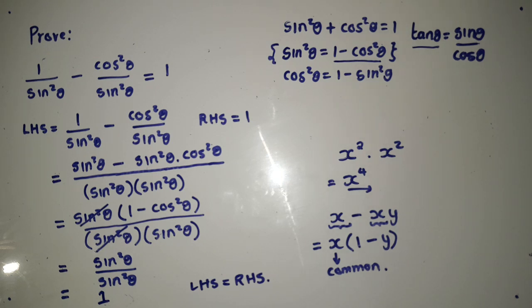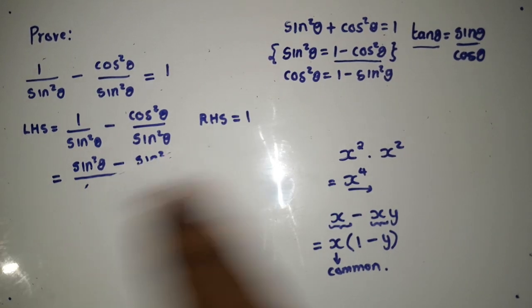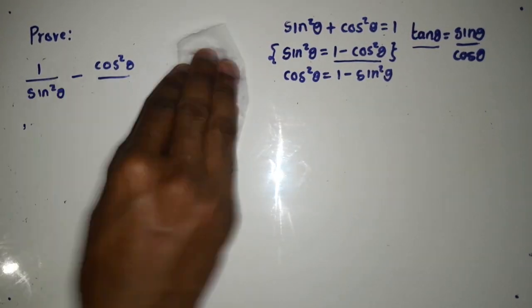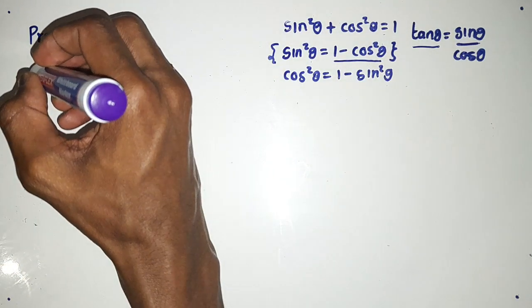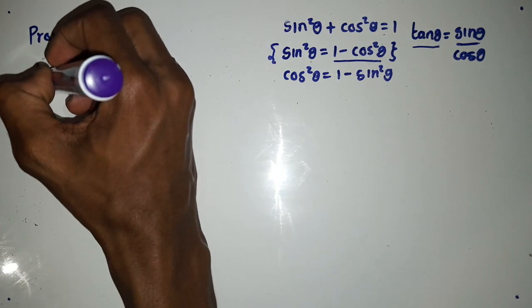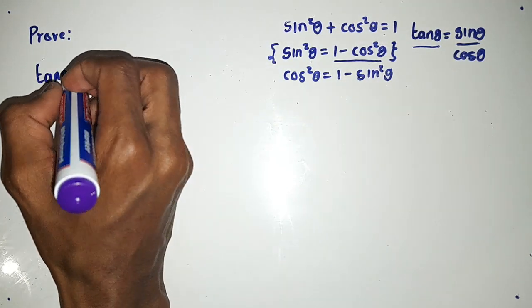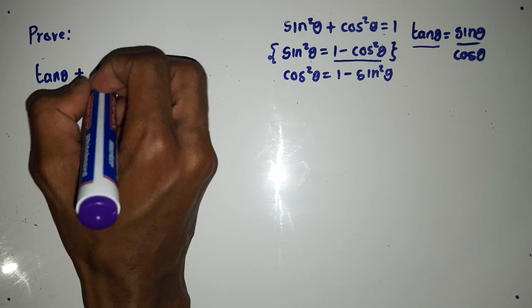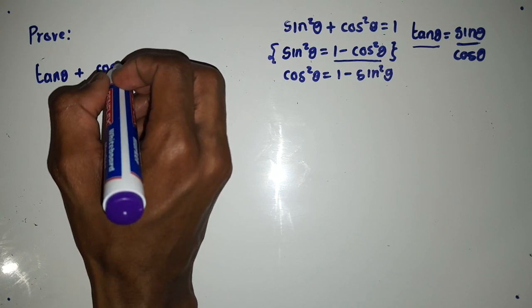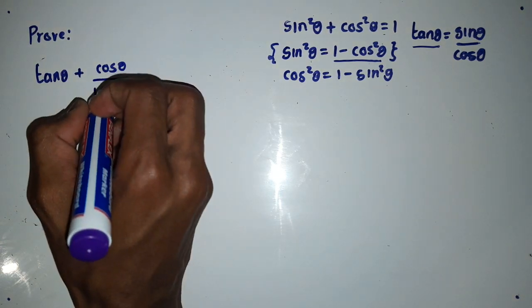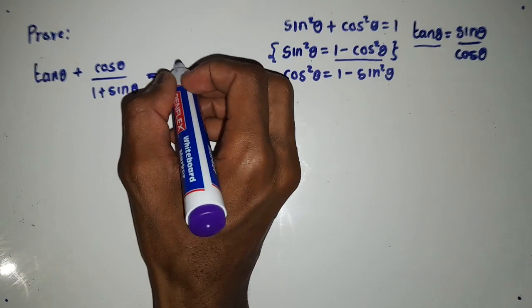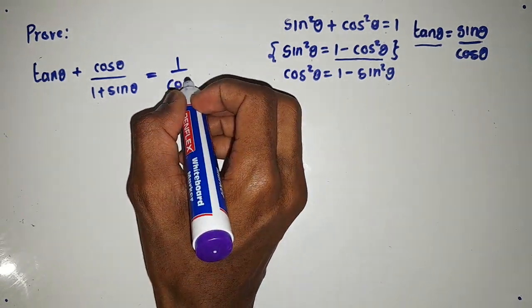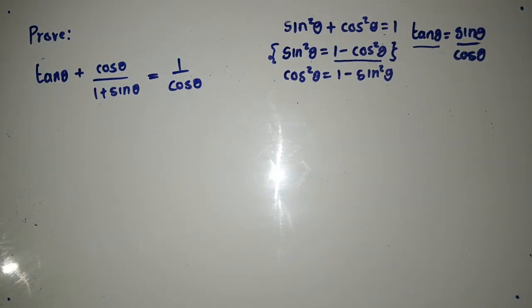Suppose now we have this example of tan theta plus cos theta over 1 plus sine theta equals 1 all over cos theta.